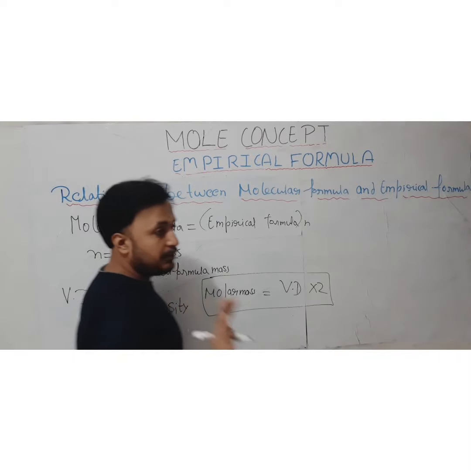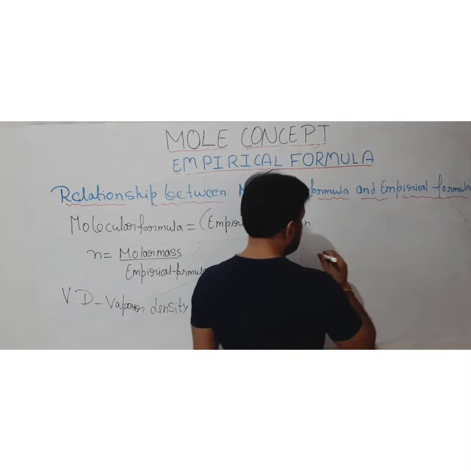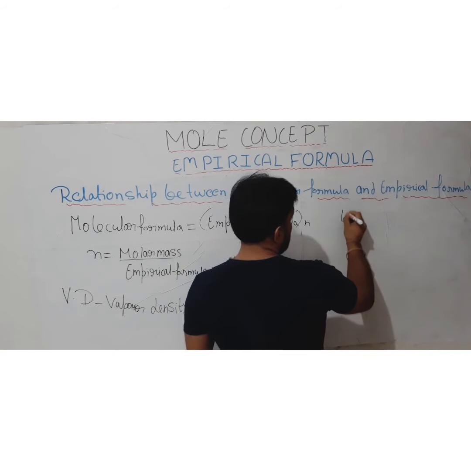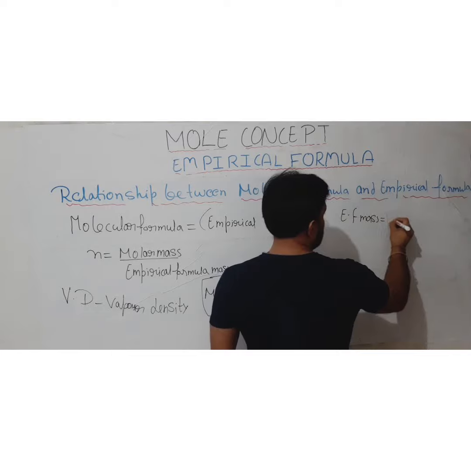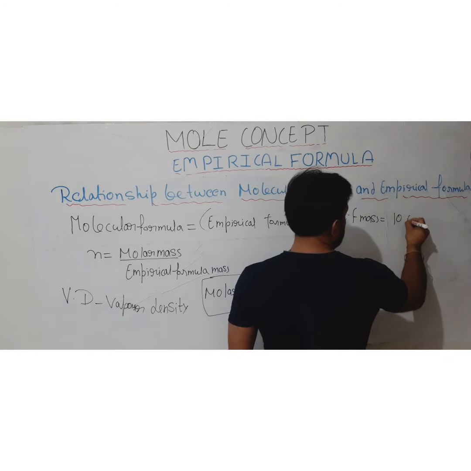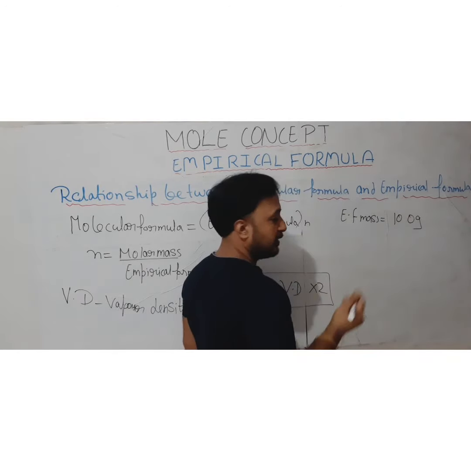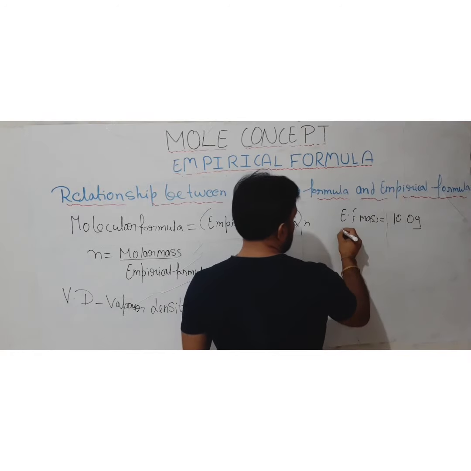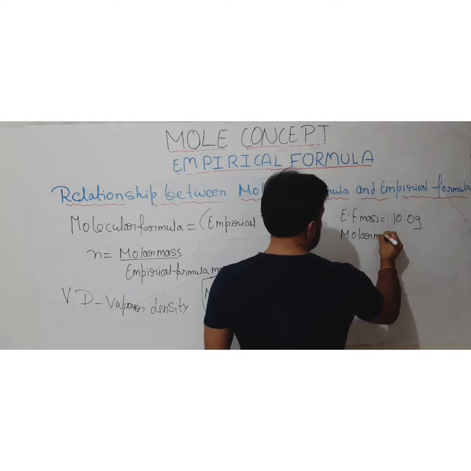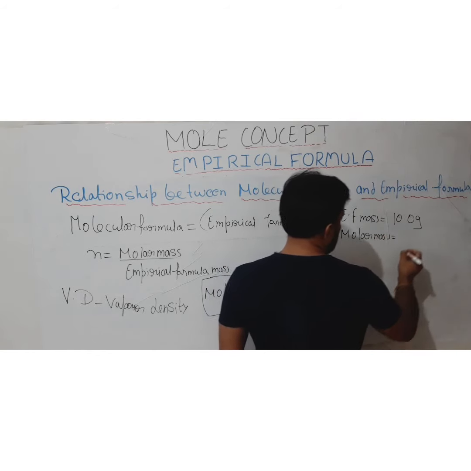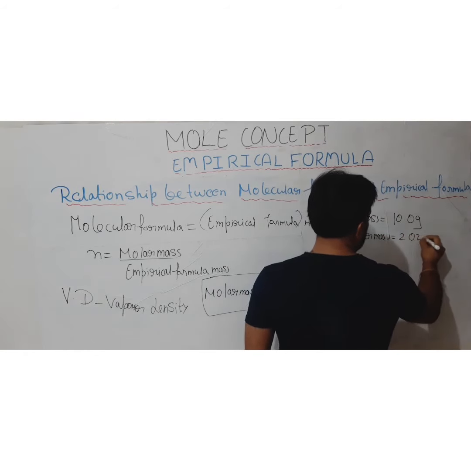Now I am giving you one example. Suppose the empirical formula mass is 100 gram, just an example, and the molar mass of the substance is given to you as around 202 gram.